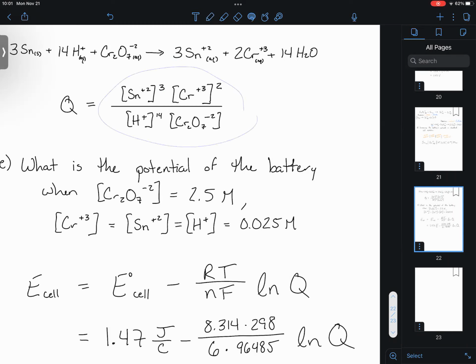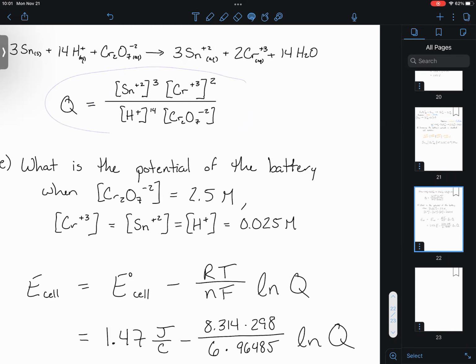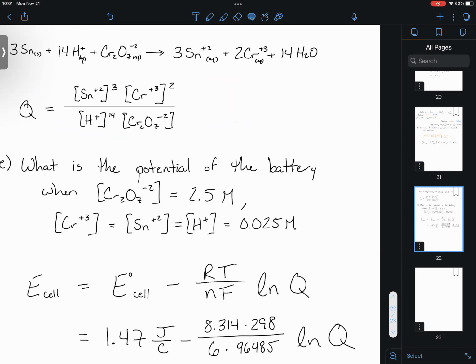All right, so in order to find that value of Q, again, Q is really where you're punching into your equation that you're no longer at standard conditions. So this is 0.025 cubed times 0.025 squared over 0.025 to the 14th times that 2.5 molar for our chromium concentration.